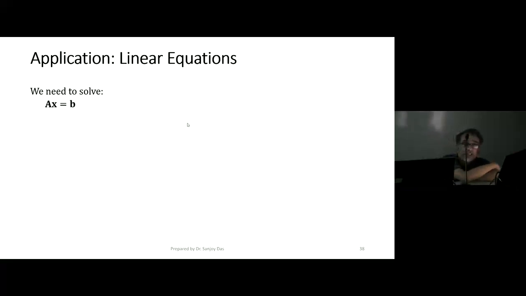This is one application, a numerical application, of LU decomposition or PLU decomposition.